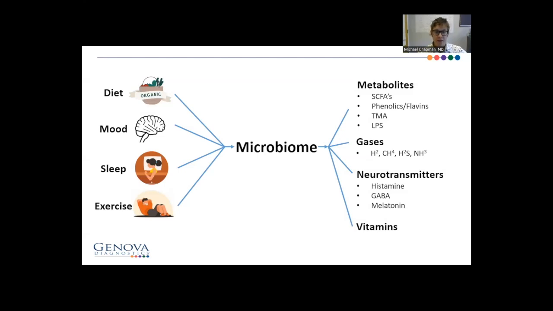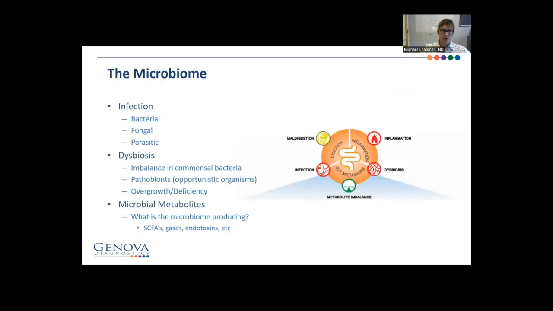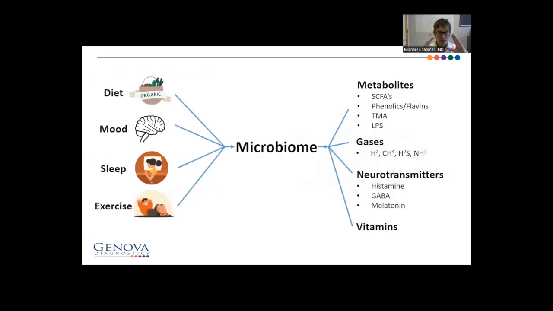We'll get into this a little bit more, but the microbiome is basically there to produce a lot of different things like metabolites and gases. We mentioned serotonin, other neurotransmitters, vitamins. So it's a big picture, but keep that in mind, right? The microbiome sits right in the middle: it's impacted on one side, and then that impact creates changes in function.